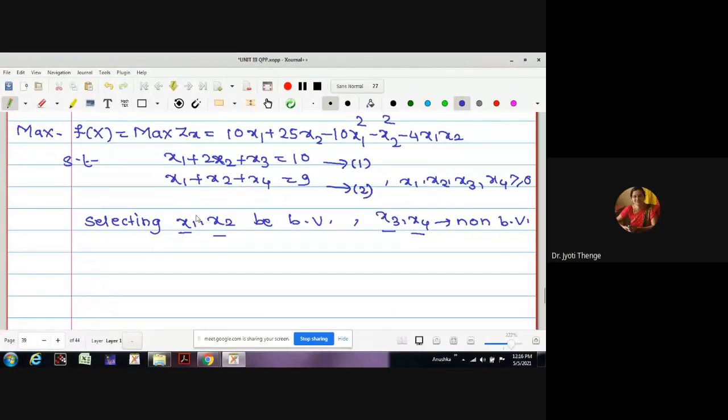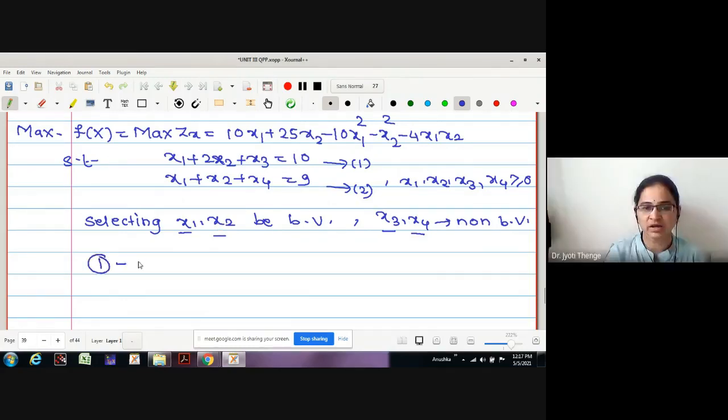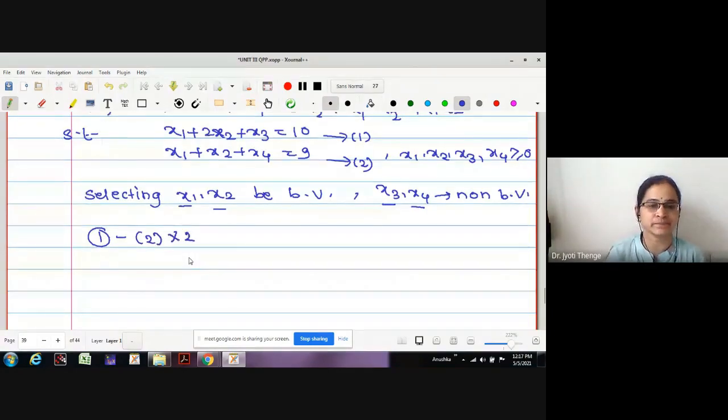What we will do initially is try to remove x2 from the two equations, right? What should I do for removing x2 from the two equations? Equation number 1 minus equation number 2 into 2. Is that okay? Yes, ma'am. Multiply equation 2 by 2 and subtract it from 1.